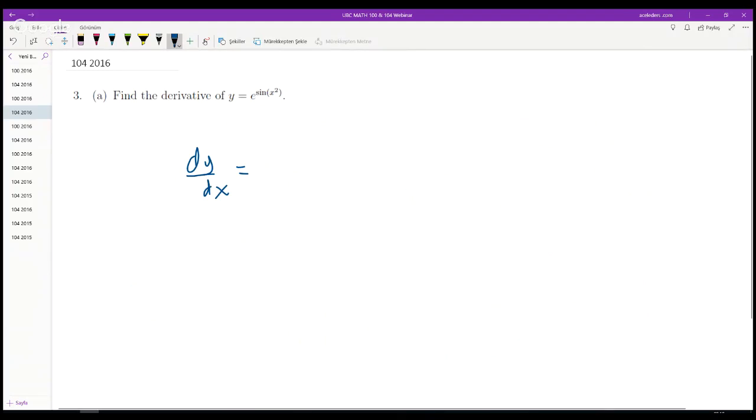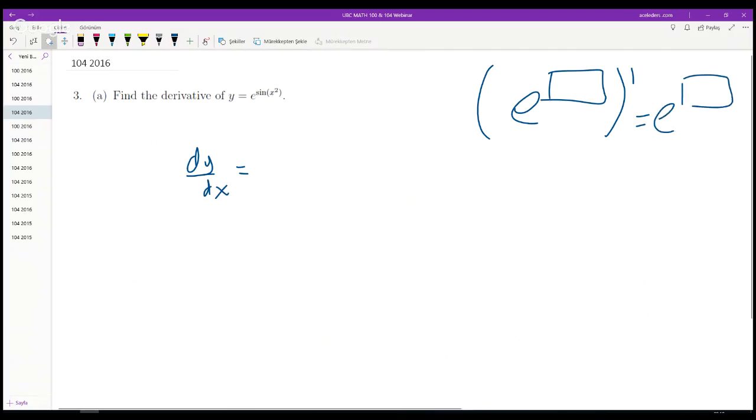What is the derivative of e to the power something? Don't confuse with the symbols. Just think about what's the derivative of e to the power something. The answer is e to the power something. So e to the power sin x squared. Then chain rule implies that.